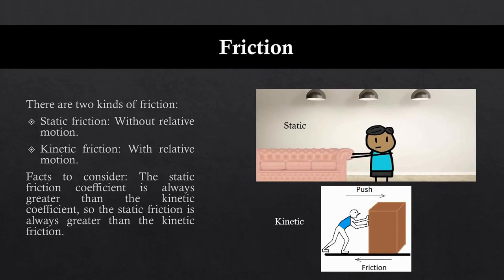Friction. There are two kinds of friction: static friction without relative motion and kinetic friction with relative motion. Facts to consider. The static friction coefficient is always greater than the kinetic coefficient, so the static friction is always greater than the kinetic friction.